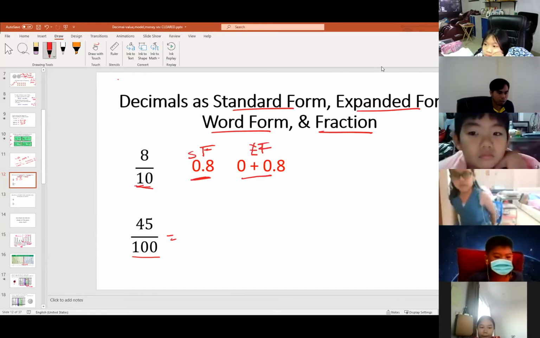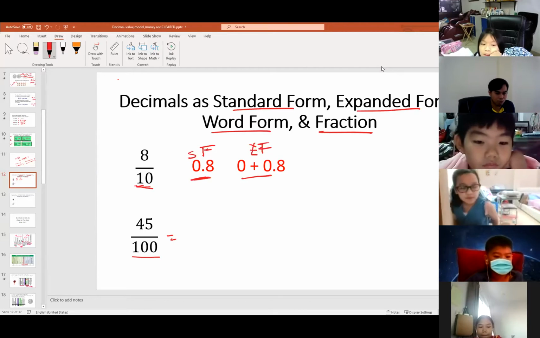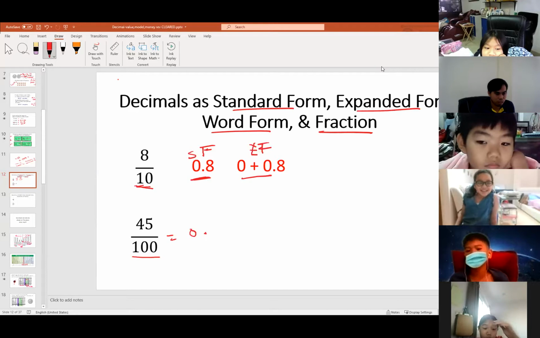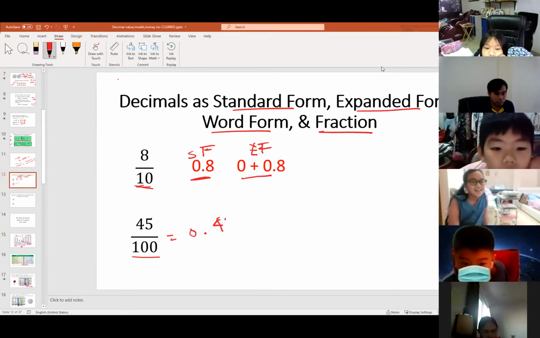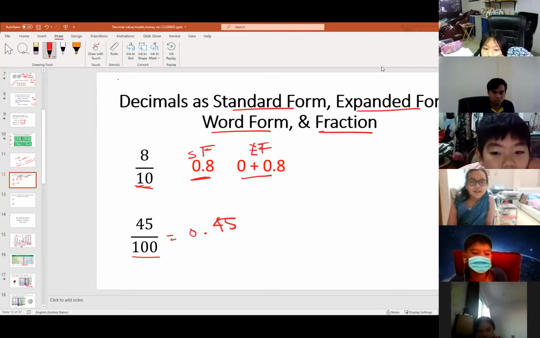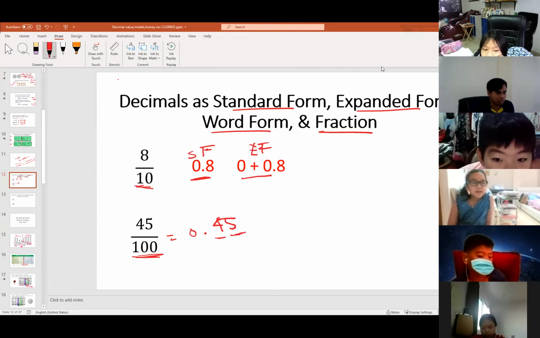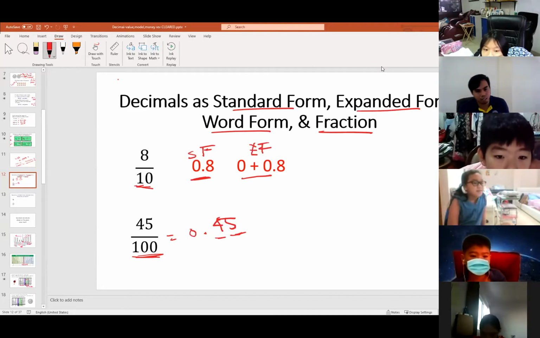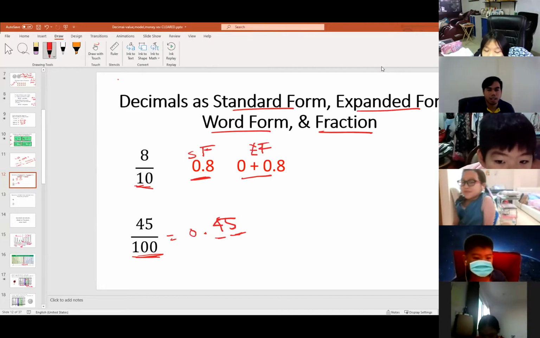Can you tell me the answer? 0.45, because there are two decimal places, so that's hundredths. Is that clear? So that's the standard form.